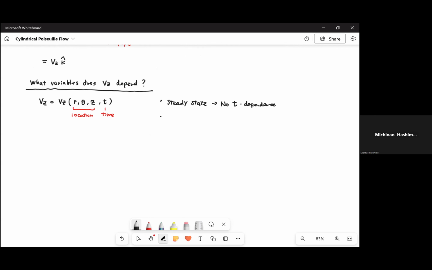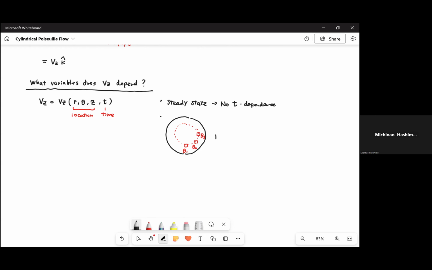And then if we look at the pipe, if you compare this location and this location, which are at different theta, say theta 1, theta 2, theta 3, does this really give a different speed or rate? Probably not, right?